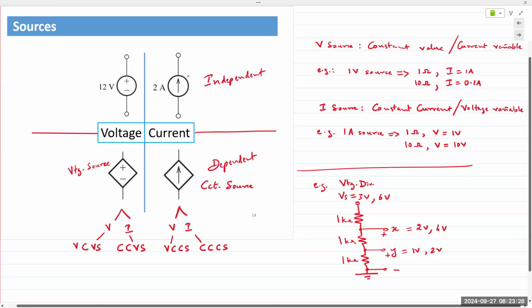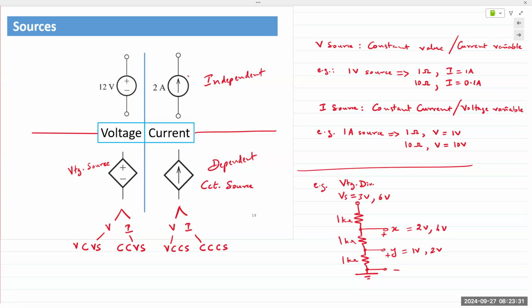Okay. So the first C is for controlled, second one is for current. So again, dependent sources can be of 4 kinds: voltage controlled voltage source, current controlled voltage source, voltage controlled current source, and current controlled current source.